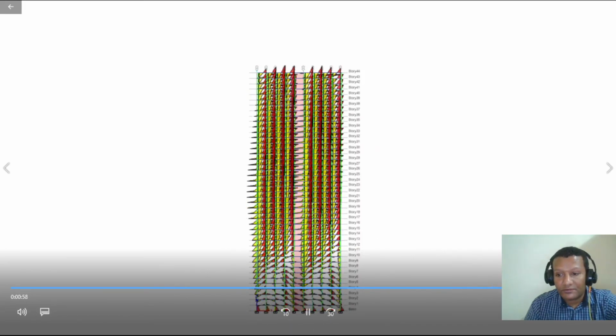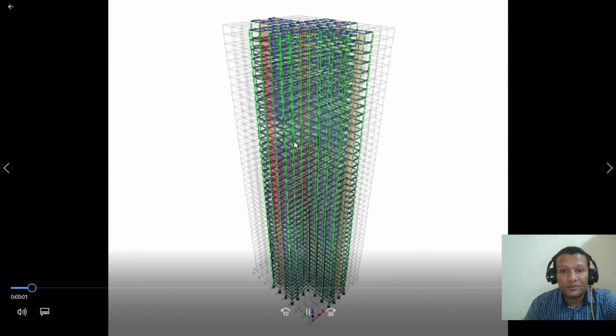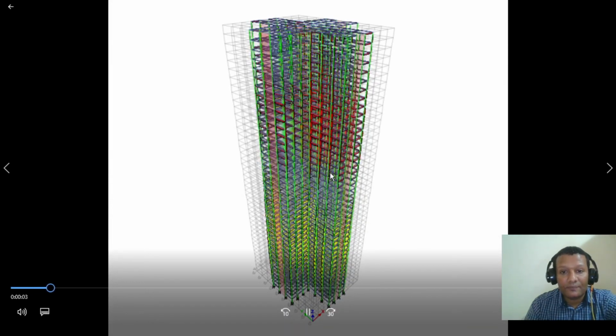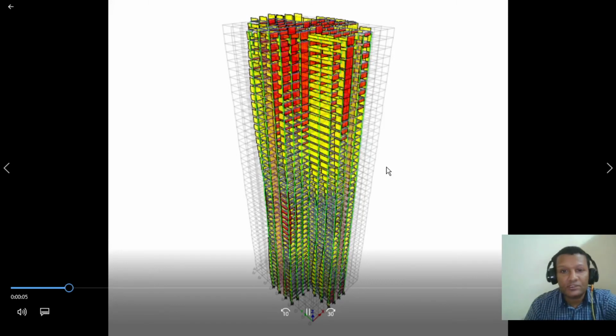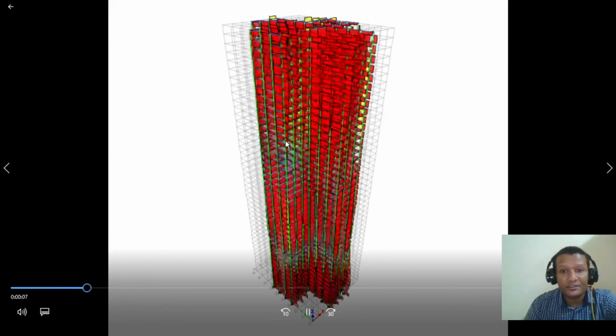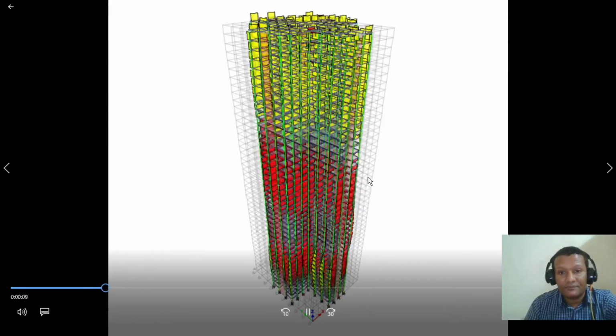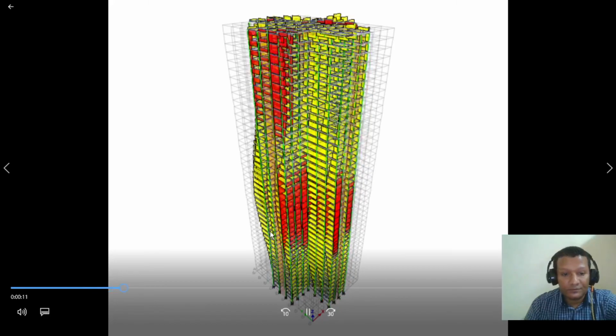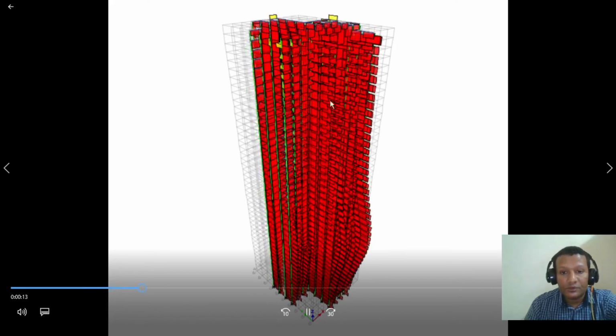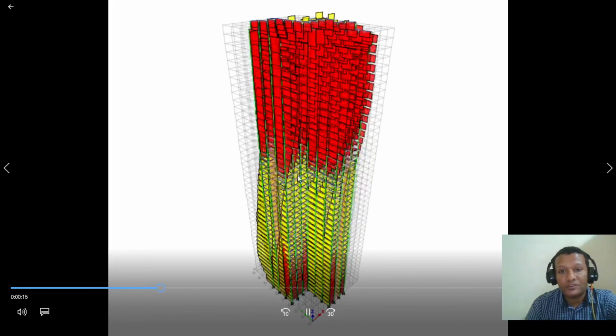Just to save time. This is also the shear force for the 64 seconds of Lander's earthquake. This is how throughout the building the shear force is varying.